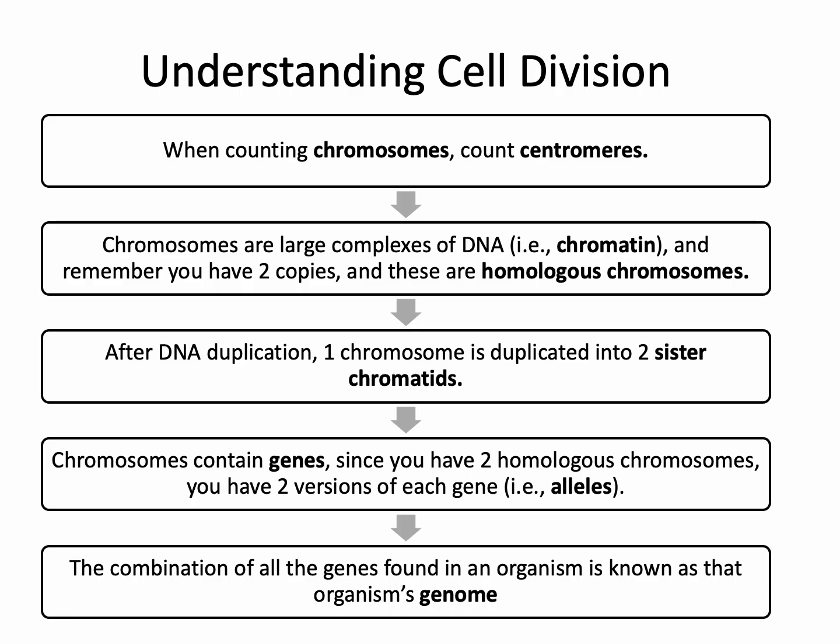So you have 2 copies of the chromosomes. Right? You have one from the mom, one from the dad. Those 2 versions are homologous, so we say they're homologous chromosomes, or a pair of homologous chromosomes. Now, after DNA duplication, a chromosome will produce its copy, its clone, and that's when it becomes a sister chromatid.